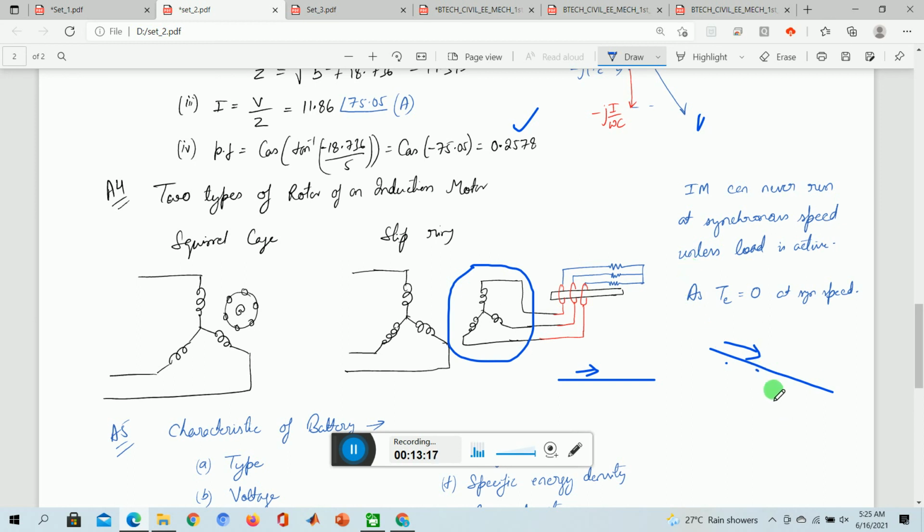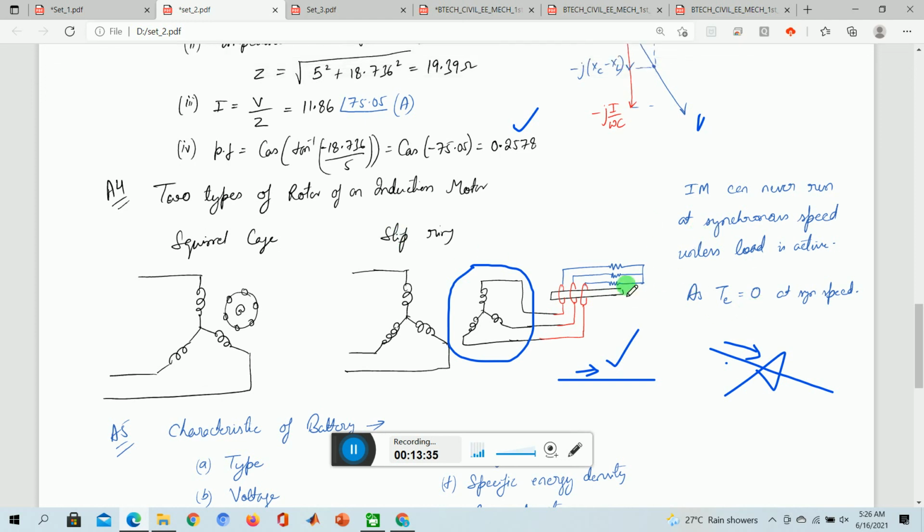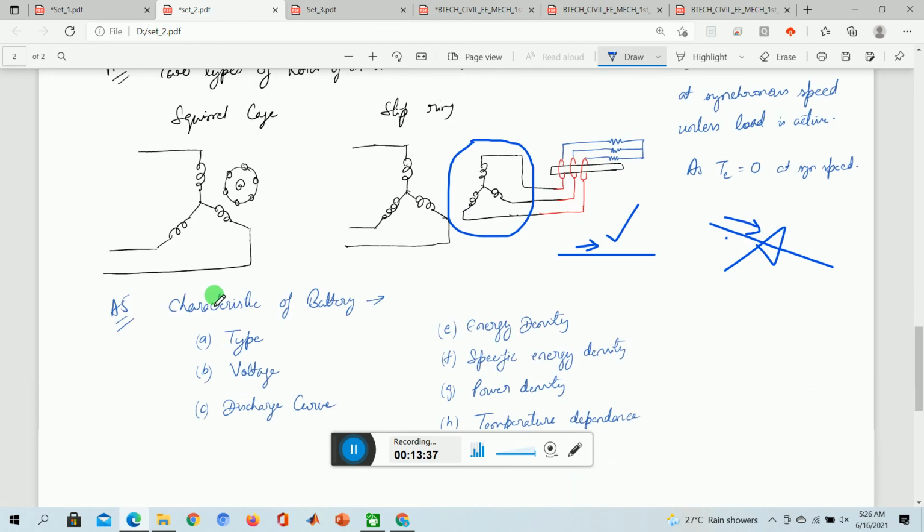So we are not talking about the active load, we are talking about any passive load over here. If the motor is running at synchronous speed, the electromagnetic torque will be 0. So this will be the answer, and if you explain a little bit of it you can get 10 out of 10.